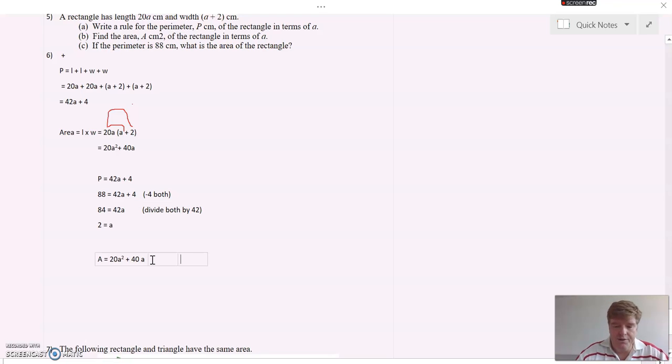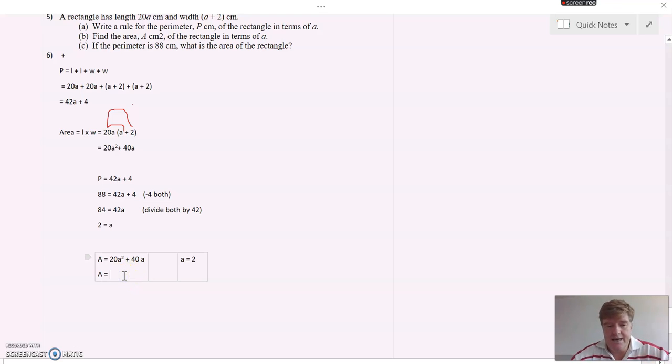But we calculated that a equals 2 when we worked out the perimeter. So let's go back into here and substitute those things in. The area equals, I might just make this lowercase because otherwise it's a bit confusing, capital A stands for area here.